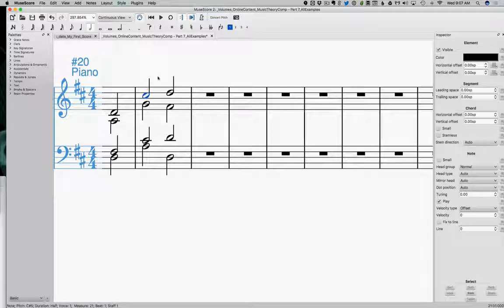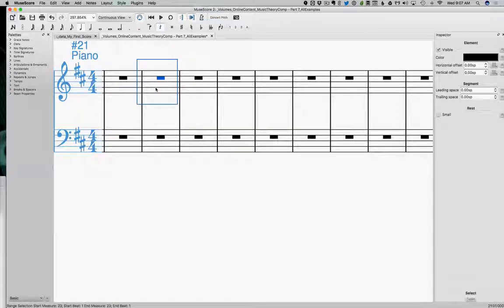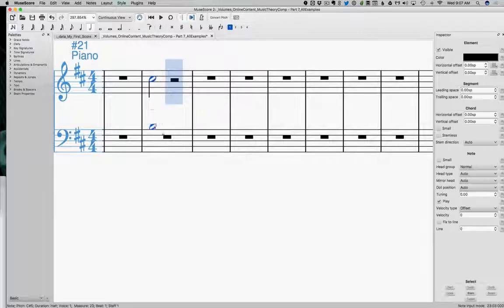Let's look at one more. Let's go out to here. So I'm going to write a 5-7 chord. Okay, so the same voicing in my 5-7 chord.